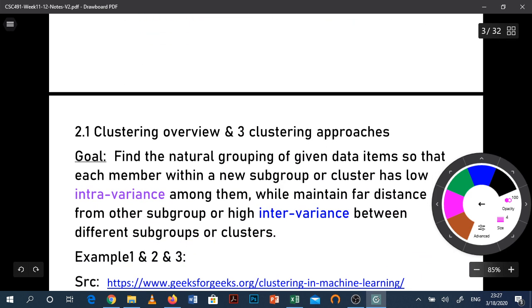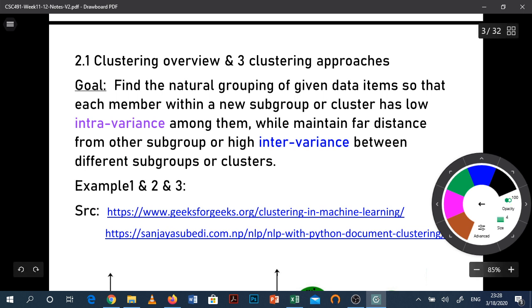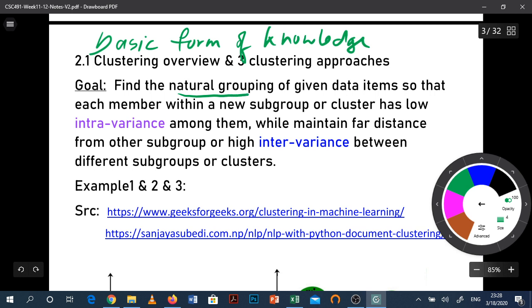So first, let's get into the major idea of clustering. Clustering is the basic task, the basic form of knowledge discovery in any data set you have. That is, we try to find the natural grouping of the data items that have been given to you. It also has another name in the machine learning sub-area of AI: you might have heard the word unsupervised learning.